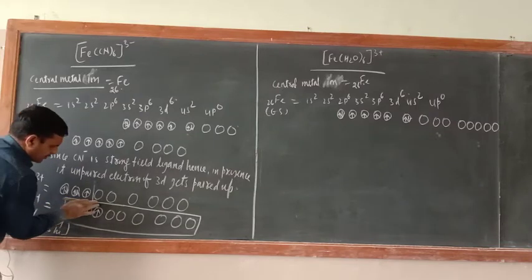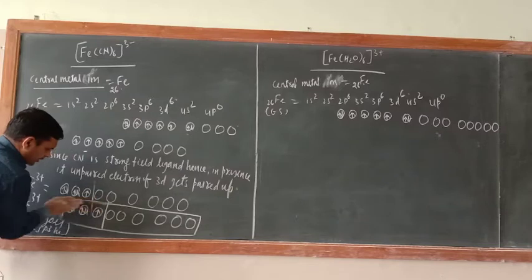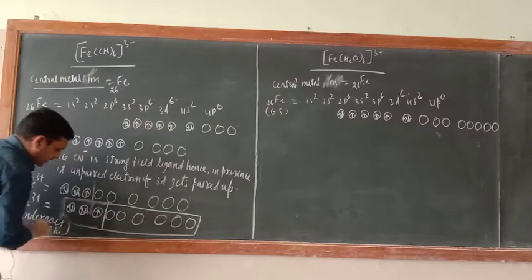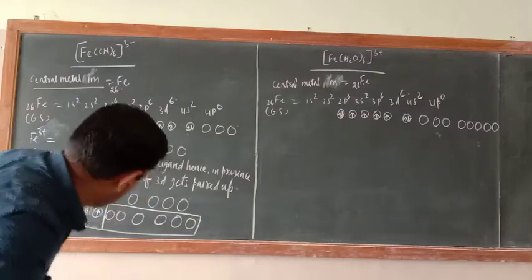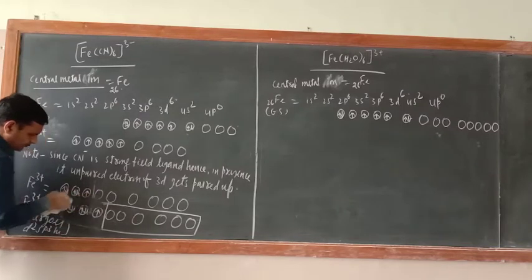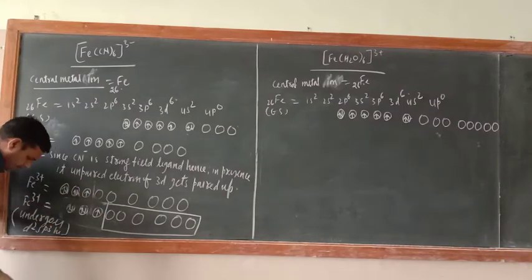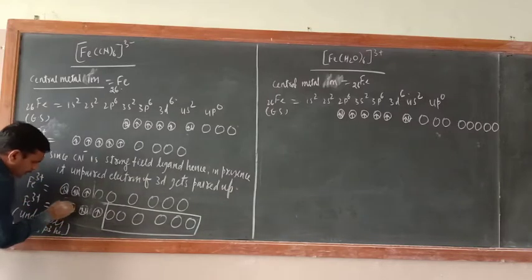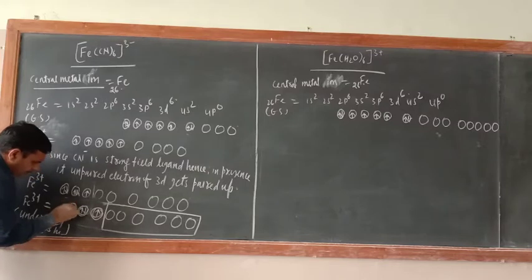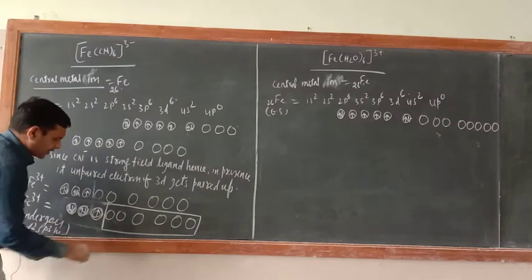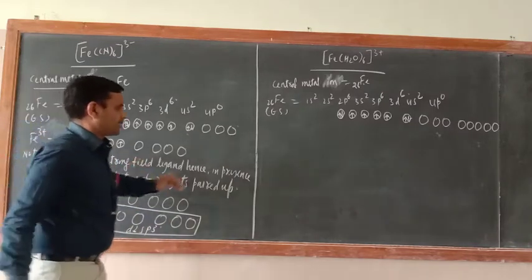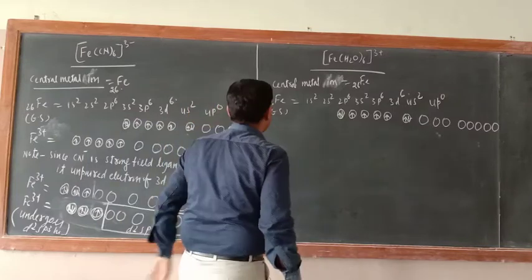Just a minute, this is wrong. Here d2sp3. This side nothing is there. Wait. D2sp3, these are 2 electrons. Here write d2sp3 hybridization. Same thing you should carry out here.